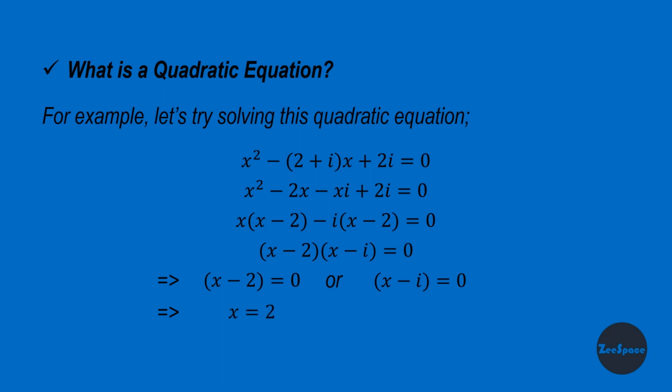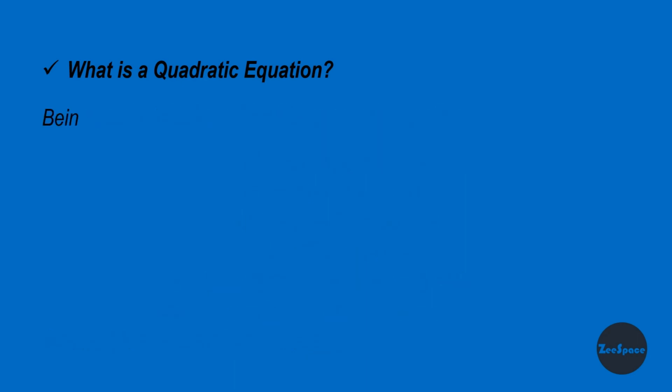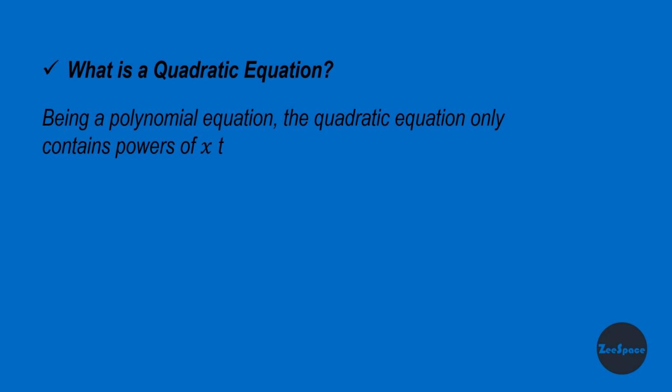This gives either x minus 2 equals 0 or x minus iota equals 0. This gives either x equal 2 or x equals iota. One root is real and other is complex.